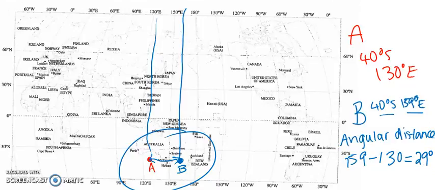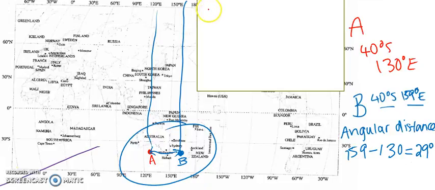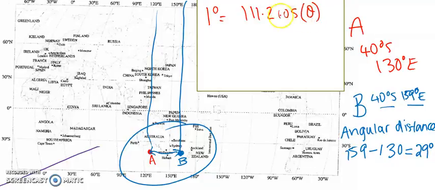Now, using that angular distance, we can now work out linear distance. A reminder that for lines of latitude going across, we've got 1 degree is equal to 111.2 cosine of the degree of line of latitude. So we have worked out that we have 29 angular degrees.